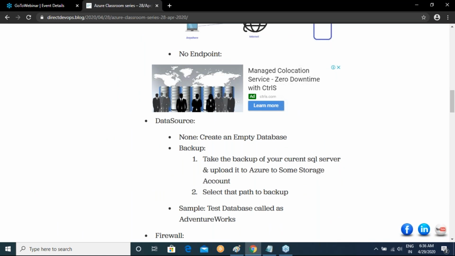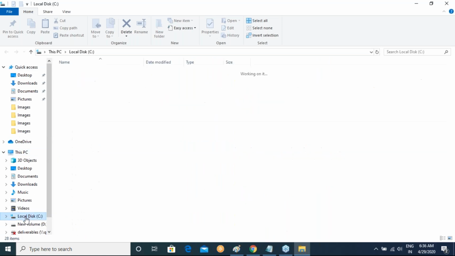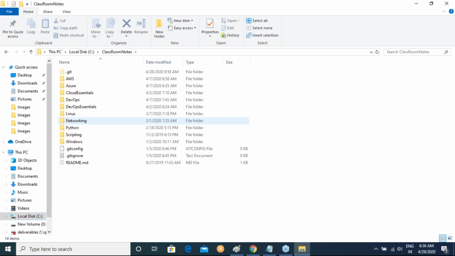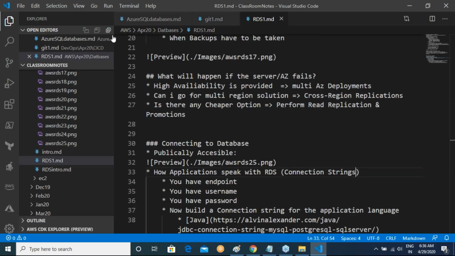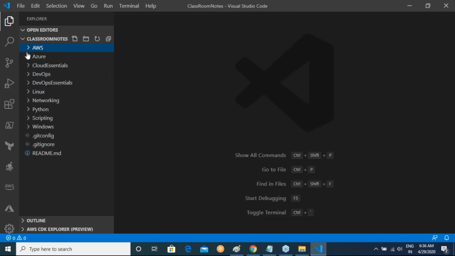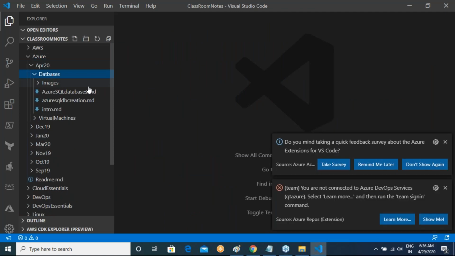Let me open the environment. We still have people to join, but hopefully, till I set all of these things up, there will be people who will join.